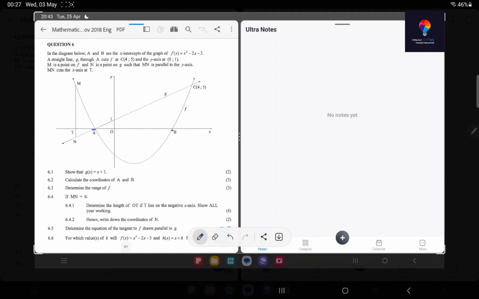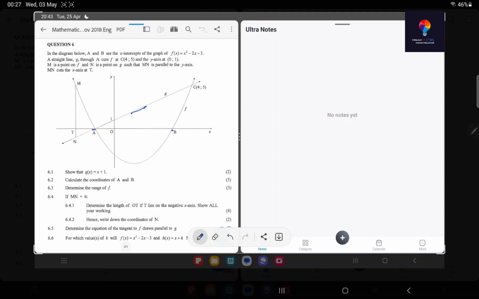A straight line g, which is this line, through A cuts f at C (4, 5), and the y-intercept at (0, 1).